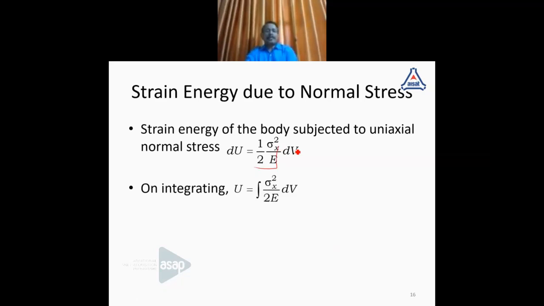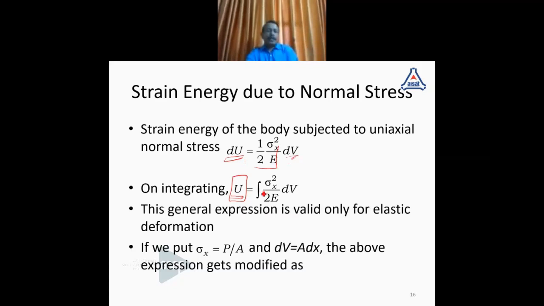And it can be integrated to obtain the total elastic strain energy. It is the elemental strain energy on the elemental volume. Even though we are showing a single integral symbol, it is integrated over the volume.